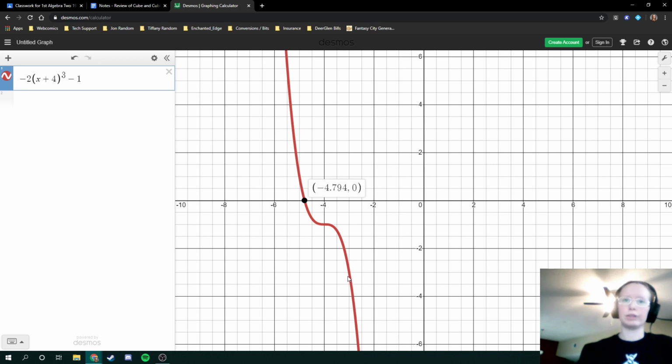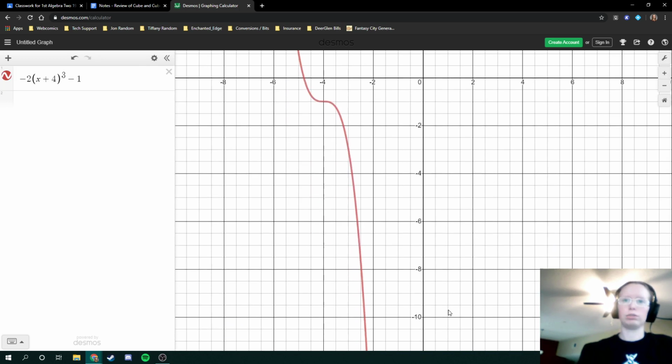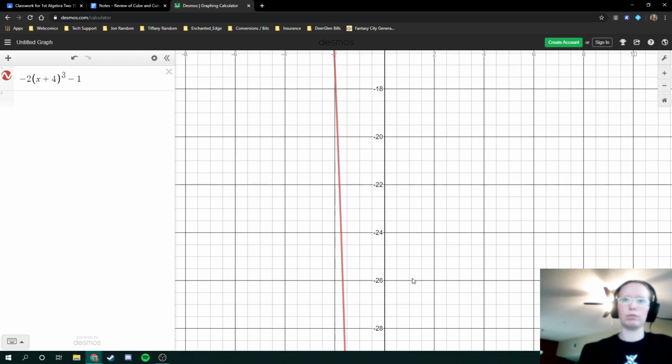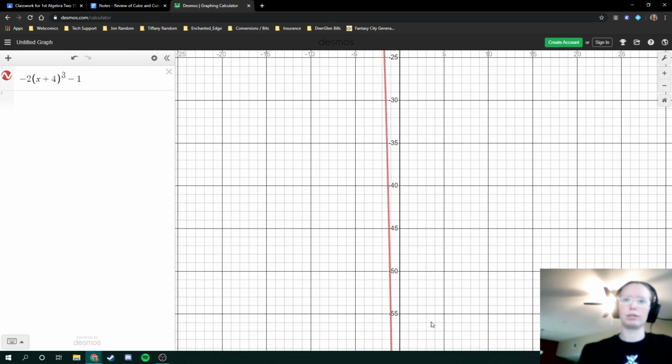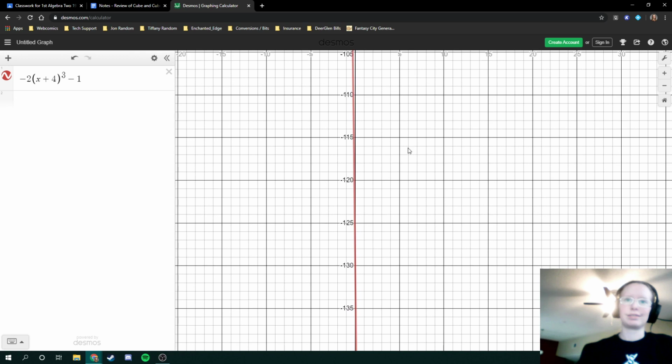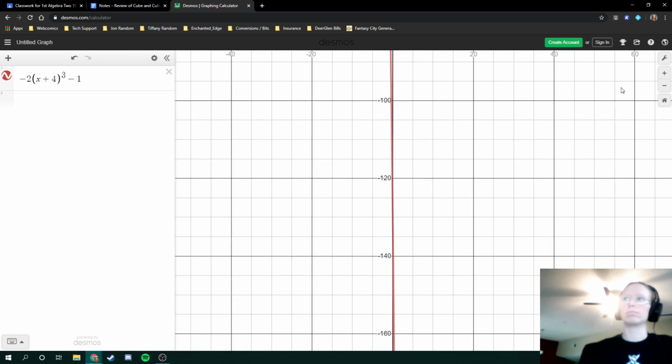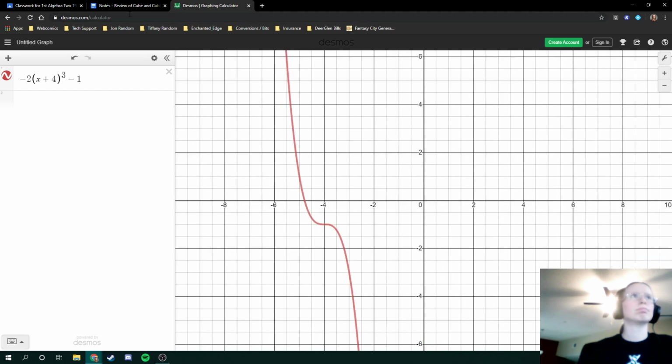To find the y-intercept, the graph's going down, so I'm going to have to keep moving. Might help to scroll out a bit. 0, comma, negative 129. If I want to go back to the normal view, I can hit this little default zoom button.